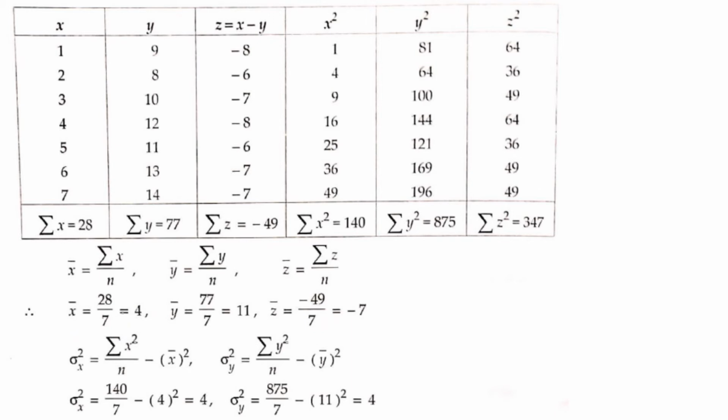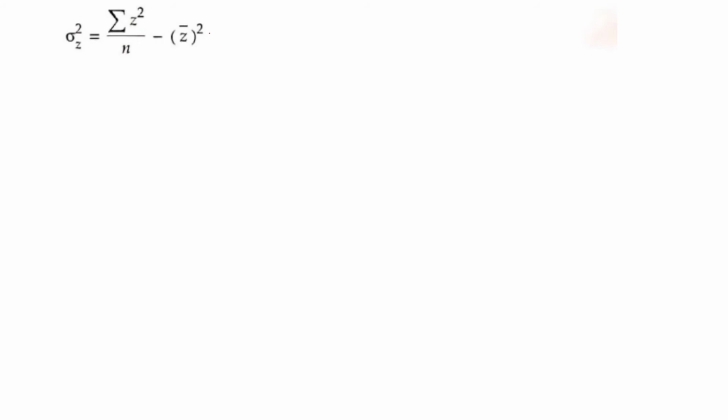Then we get the value of sigma x square as 4 and sigma y square as 4. Similarly, we substitute the values of summation z square and z bar, that is the mean of z values that we found in the previous slide. Therefore, the value of sigma z square will be this.